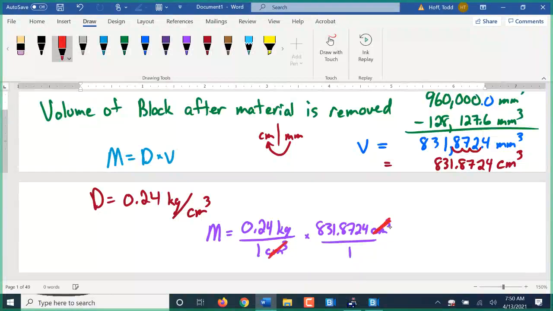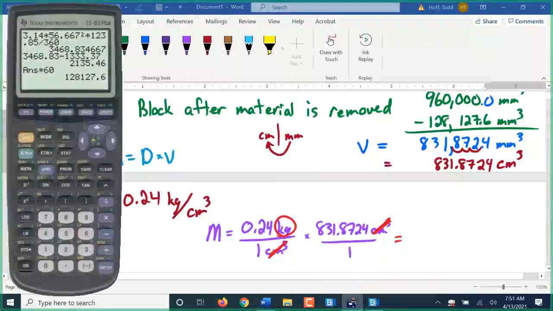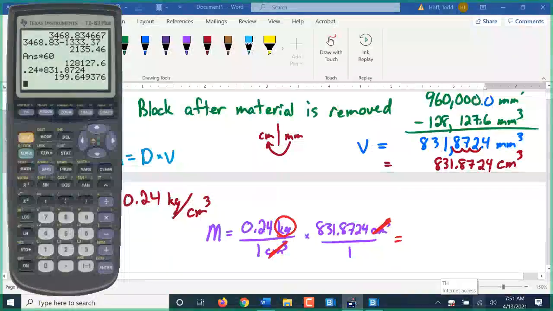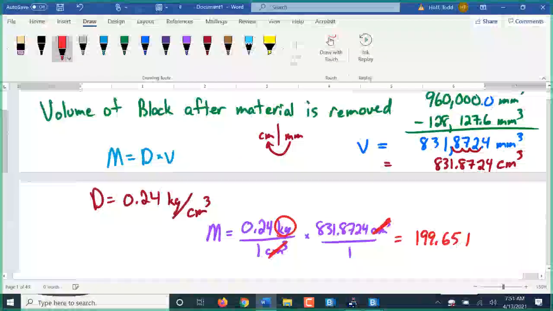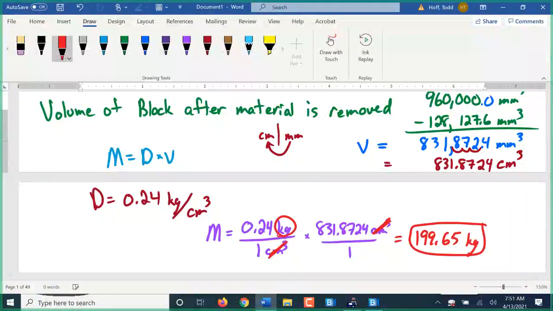You can see the cubic centimeters cancel out, and the only unit we have left is kilograms. So we're going to take the 0.24 times 831.8724, which gives 199.65 kilograms as our mass of that object. Not so bad, right?